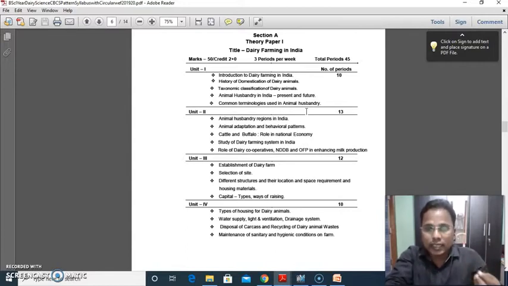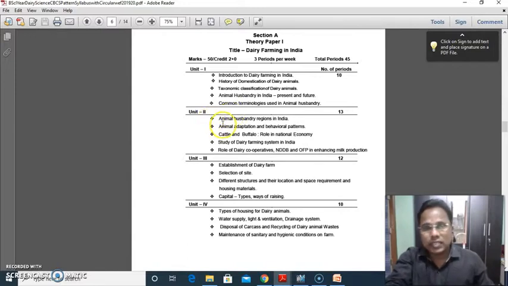What are the names given? What are the different names given to their young ones? So these are the terminology used in the dairy science subject. We are going to study in detail the various terms used in this subject.